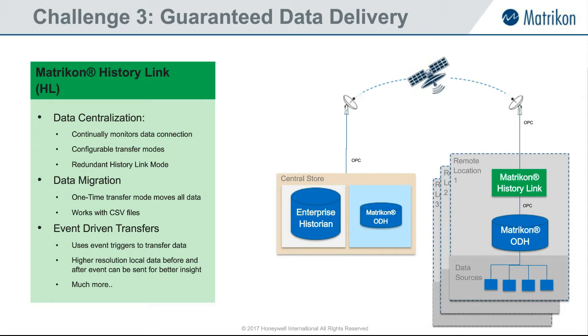So effectively you are getting more data surrounding the event, and then you return to the typical update rate once the event passes. It gives you a way to better control how you're transferring that historical data.